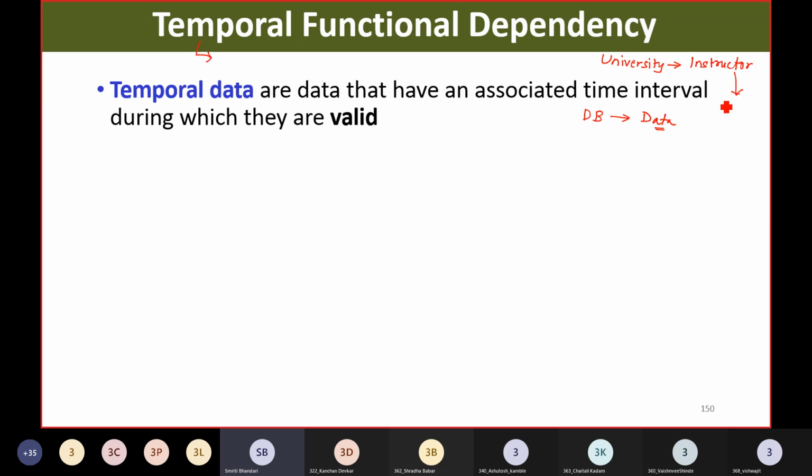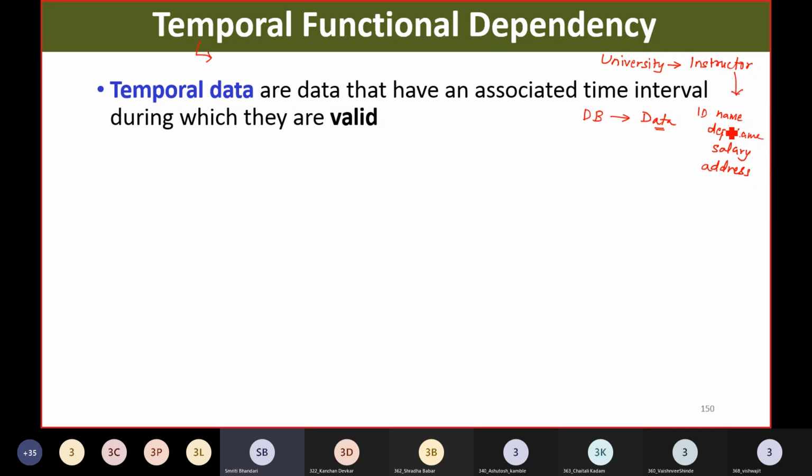We have the instructor ID, name of the instructor, department name of the instructor, and salary of the instructor. Suppose we have a few more attributes, say address of the instructor is also stored.